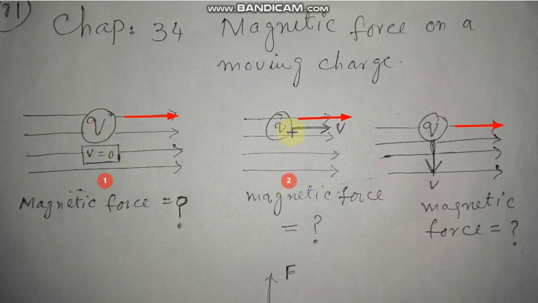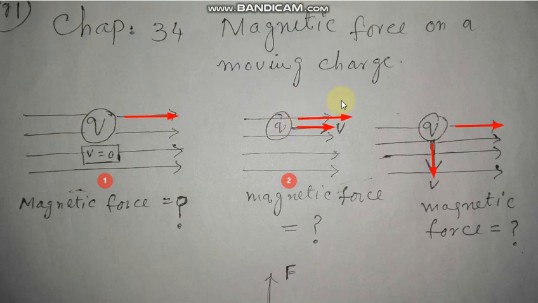In figure number 2, the charge q is moving with some velocity which is parallel to the magnetic field B. And then in figure number 3, the charge q is moving with a velocity which is perpendicular to the direction of the magnetic field. So we are to determine the magnetic force acting on this charged particle in all these three cases.